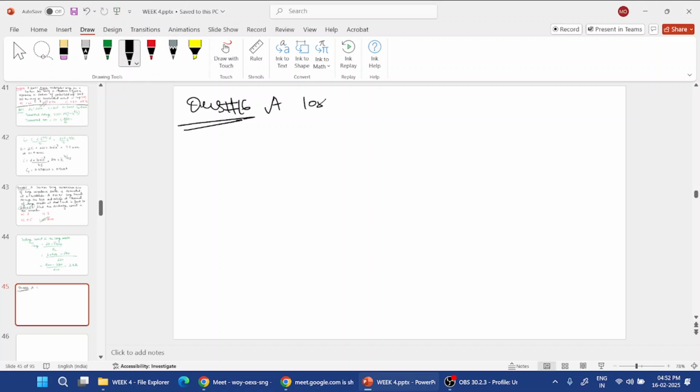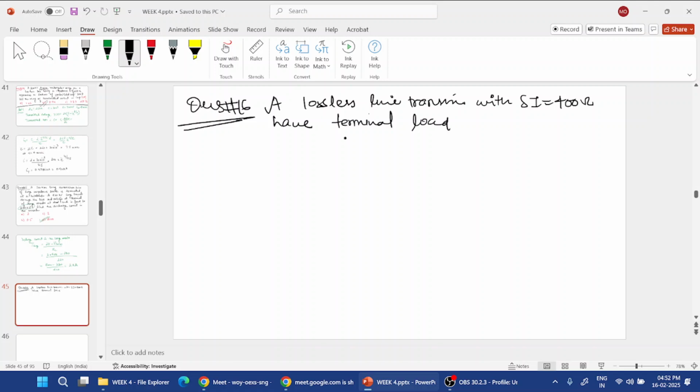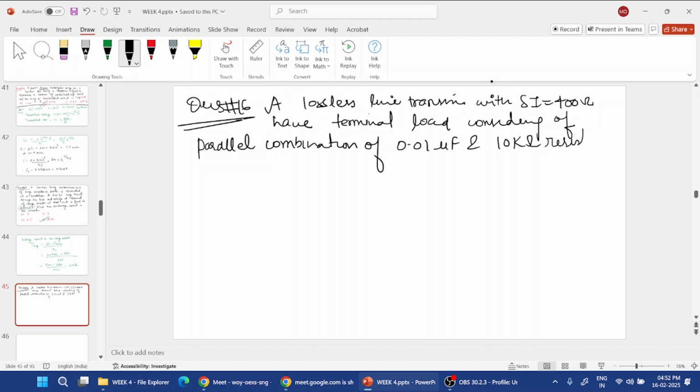A lossless transmission line with surge impedance 400 ohm has a terminal load consisting of a parallel combination of 0.01 microfarad and 10 kilo ohm resistance.